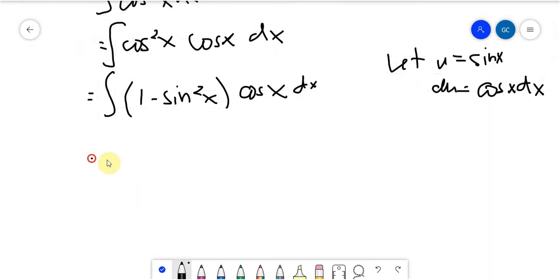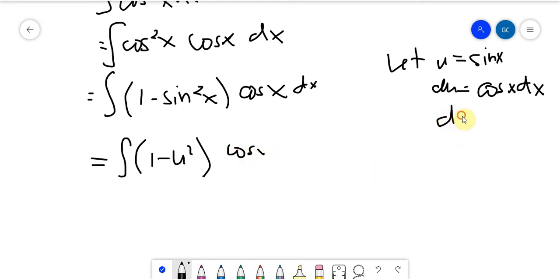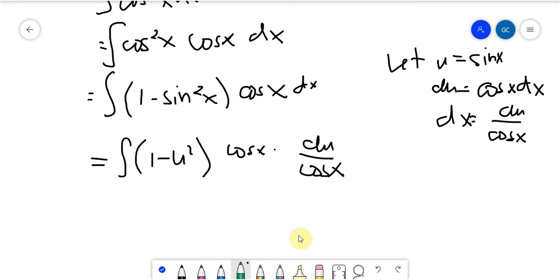The integral of 1 minus u squared cosine x dx is times du over cosine x, and we cancel cosine.